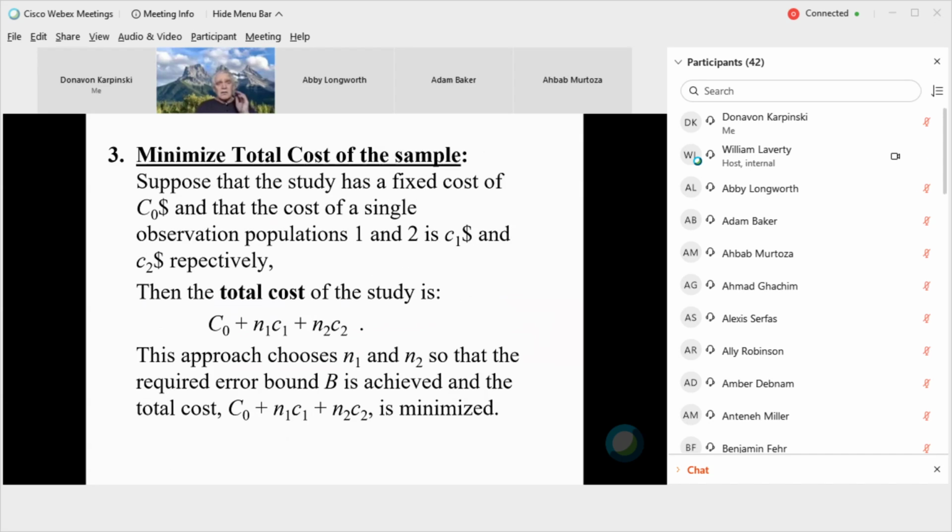Final one, minimize the total cost of the sample. Quite often, the cost of taking an observation from population 1 is different than the cost of taking an observation from population 2.